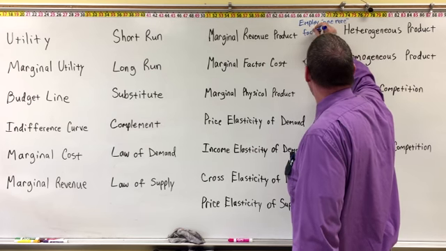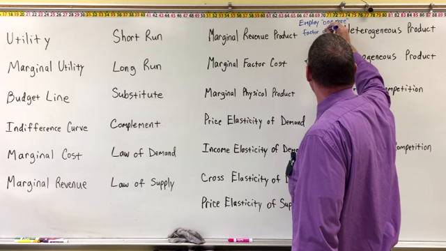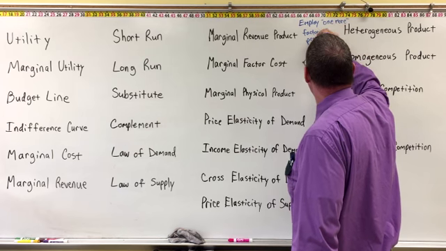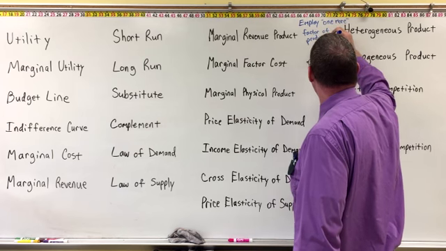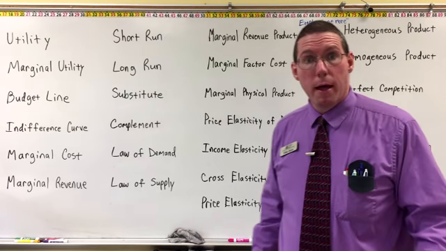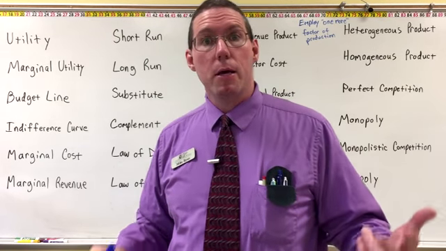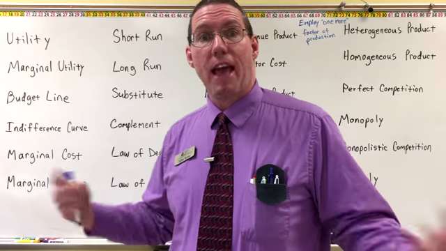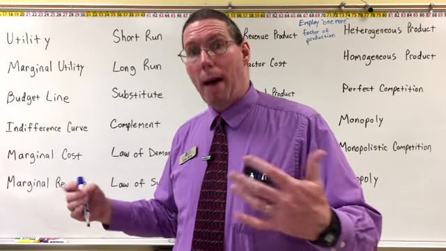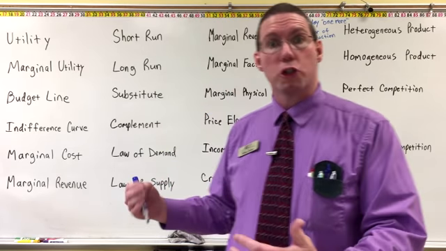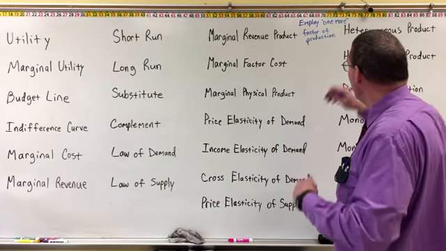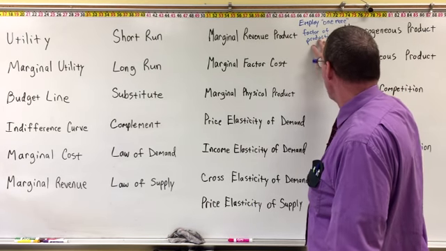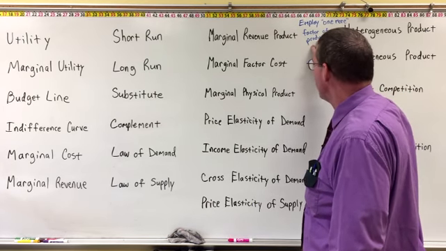That factor of production can be a worker, labor. It can be one more of some kind of capital, like one more power saw or one more truck or something like that. When you employ one more factor of production, what's going to happen to your business?